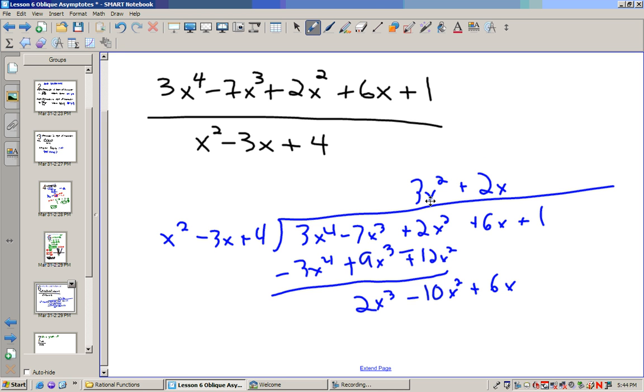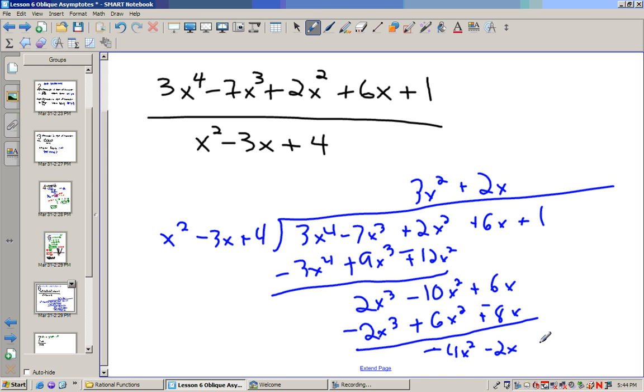That's 2x. So 2x to the 3rd minus 6x squared plus 8x. When I subtract, that changes all the signs. And now I subtract 4.